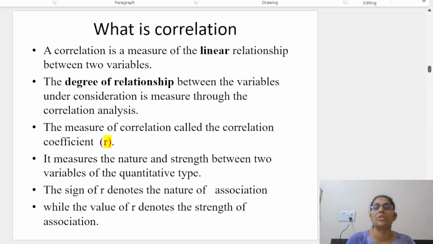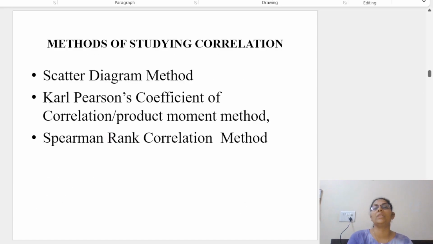The correlation coefficient is denoted by r, and it explains the nature, whether the relation is positive or negative, and the degree of relation between the two particular variables.